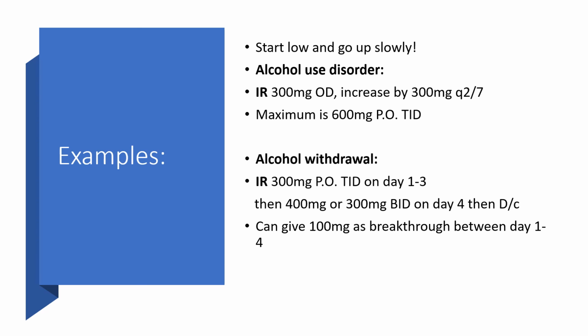In alcohol withdrawal, we can use immediate release at 300 mg 3 times daily on day 1 to 3, then 300 mg twice daily on day 4, and then discontinue. We can give 100 mg as breakthrough between day 1 and 4 if need be.